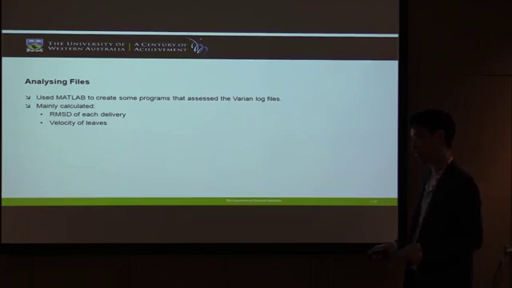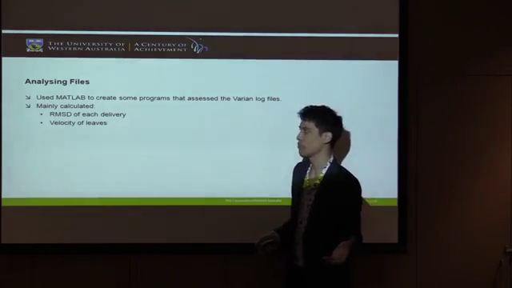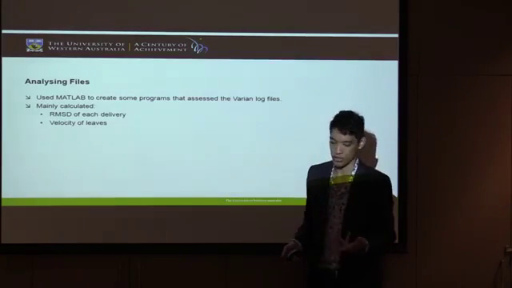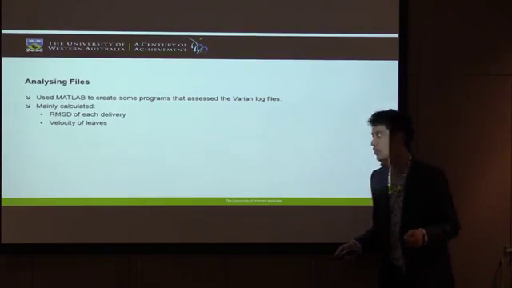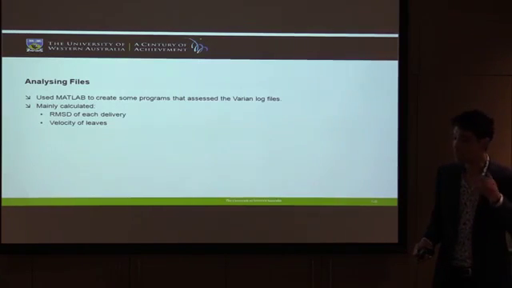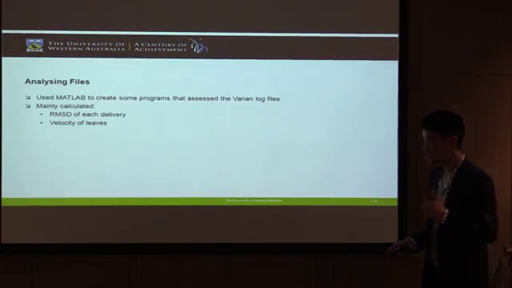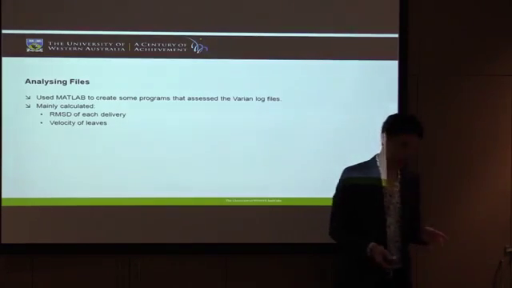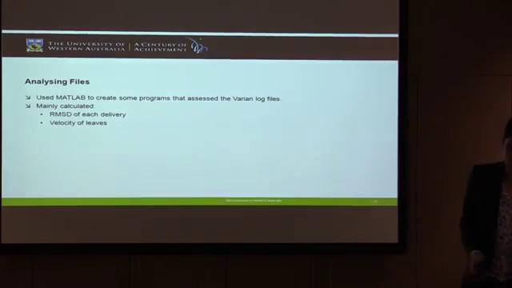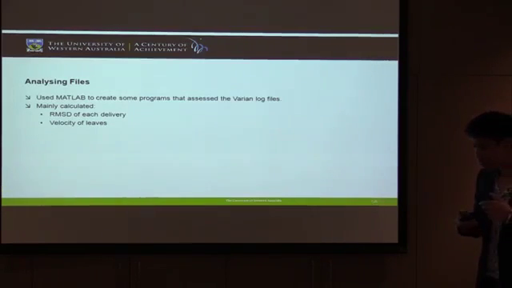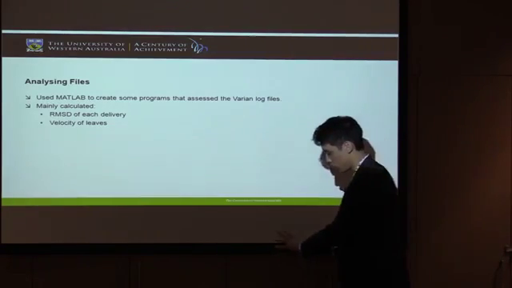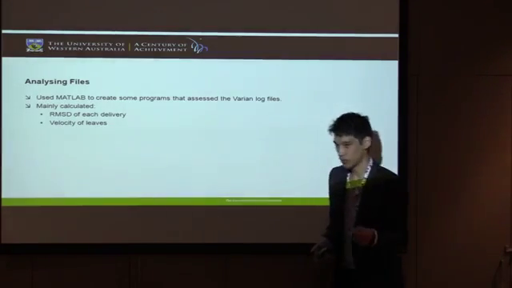How I analyzed all these files is basically, I used MATLAB to create a bunch of programs that assess them all. They read in all the data, and you can easily set up loops and whatnot. What I mainly calculated was the root mean squared deviation of each delivery. For these results anyway, I found the error of each leaf, on each bank, at each time step, and then I pooled that for the whole delivery and found the root mean squared of each.